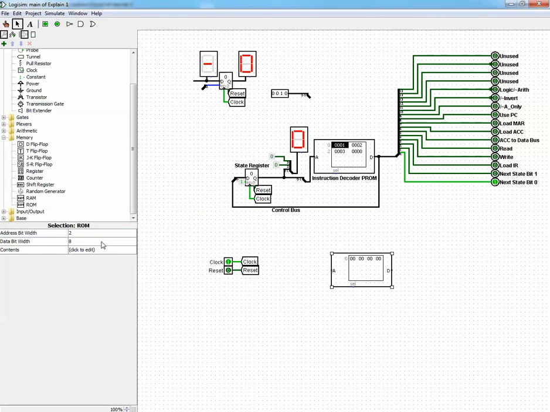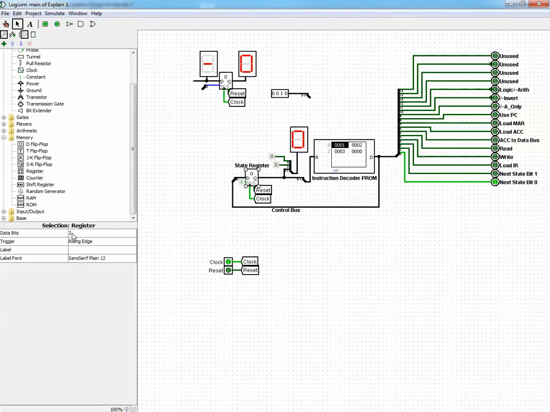We have used 2 and 16, 16 for the outputs, which builds this ROM. So right now this is a 2 by 16, 2 inputs and 16 outputs. 16 maps to all these outputs. And we have built a register which is a 2-bit register. The number of data bits for this register is only 2.